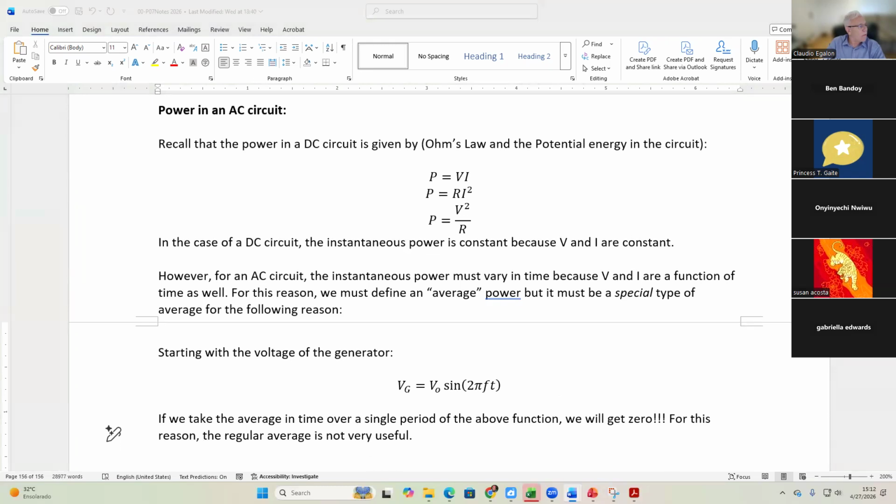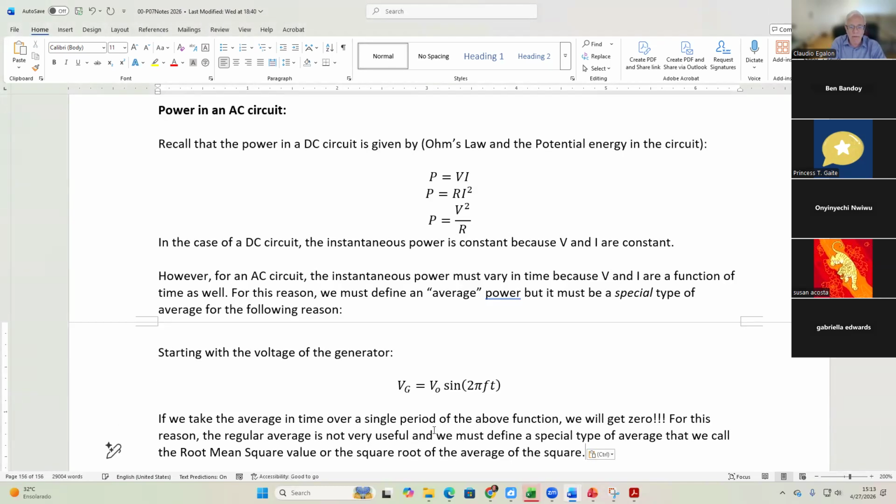And we must define a special type of average that we call the root mean square value, or RMS, the square root of the average of the squares.